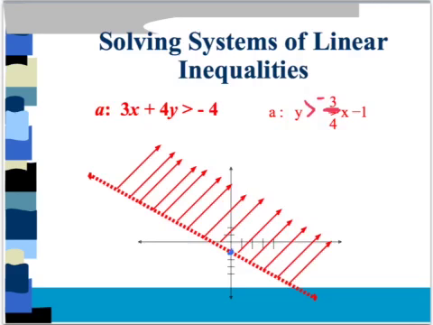From -1, I can go down 3 and forward 4. So if I go down 1, 2, 3, and 1, 2, 3, 4, I should have a point about right there where you see my blue dot showing up again. I could also go up 1, 2, 3 and backwards 1, 2, 3, 4 and be somewhere right here.